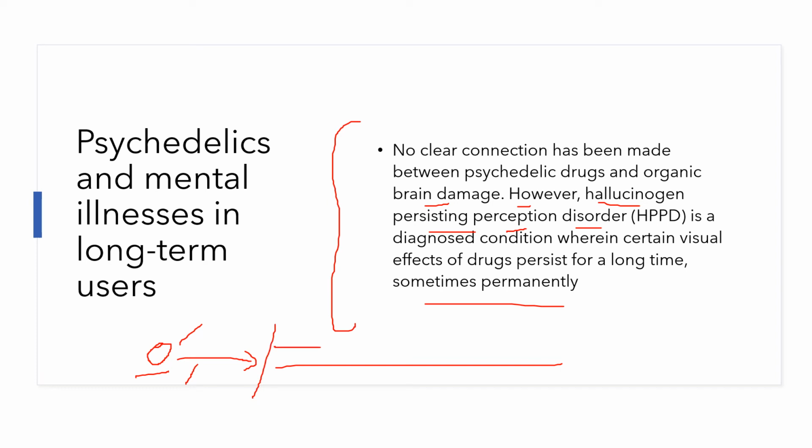However, in certain conditions, certain people who may be vulnerable for whatever reason, because of their underlying genetic makeup, may continue to experience hallucinations for much longer, and the condition is termed hallucinogen persisting perception disorder.